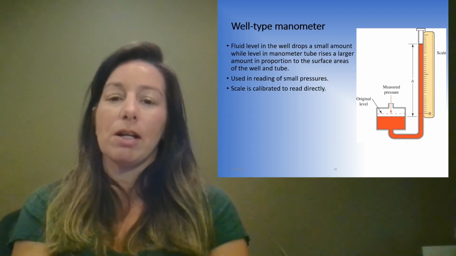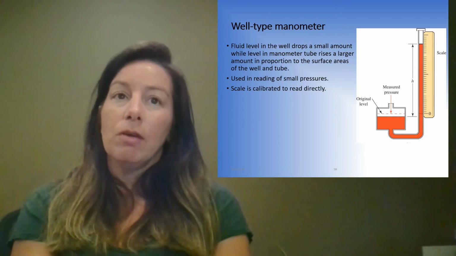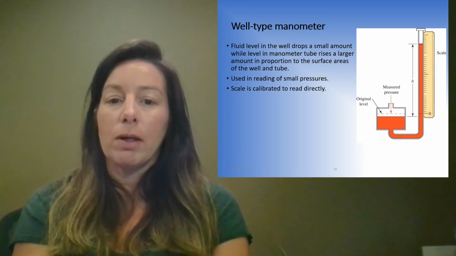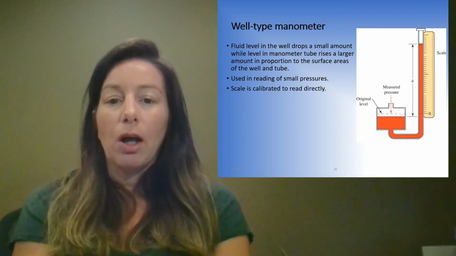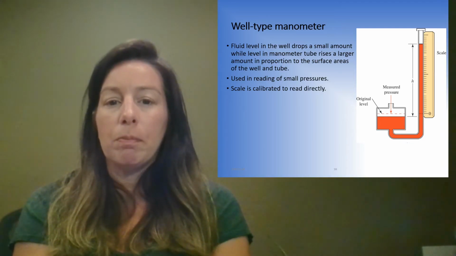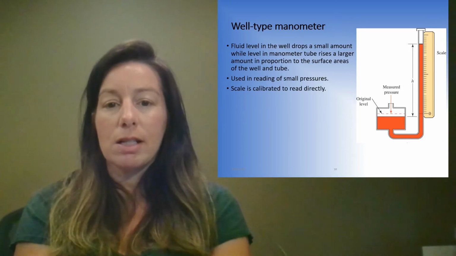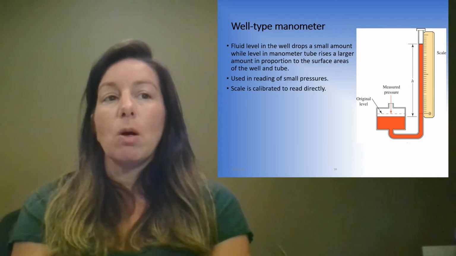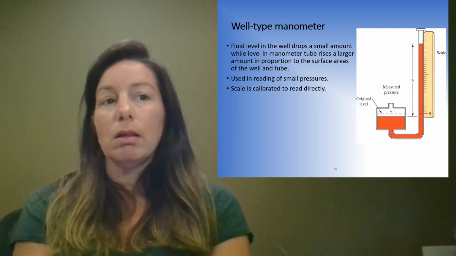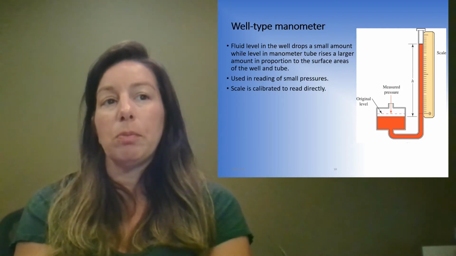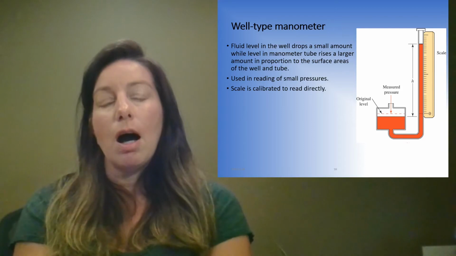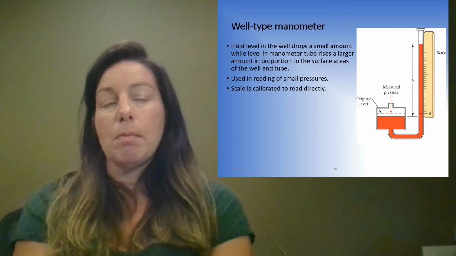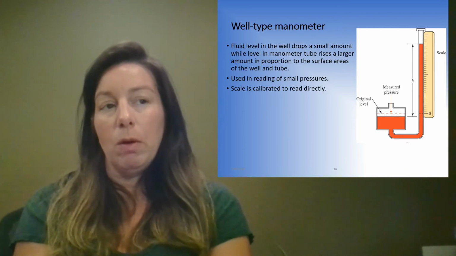There's also another type called a well type manometer. The fluid level of the well drops a small amount while the level in the manometer tube rises a larger amount, in proportion to the surface areas of the well and the tube. You can see where it says measured pressure, original level. Its surface area is a lot bigger than the surface area within the tube.